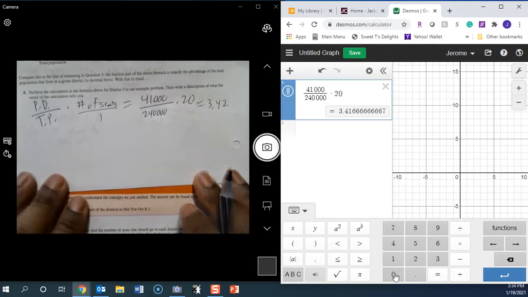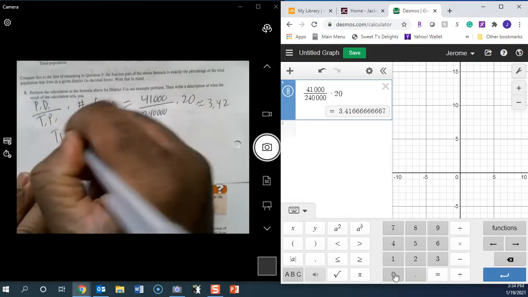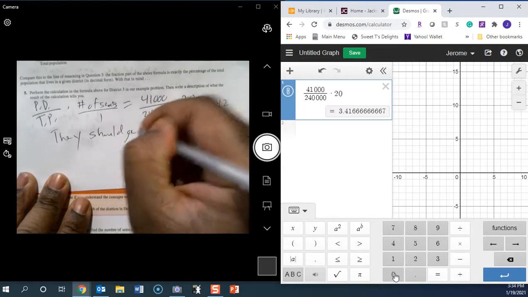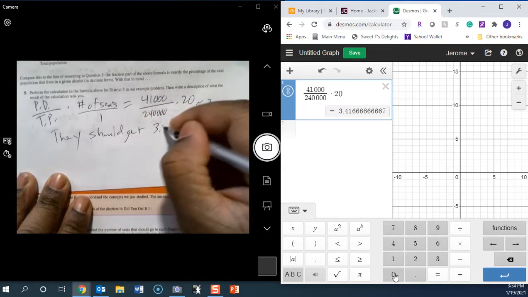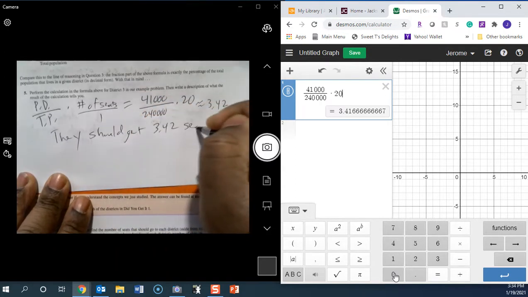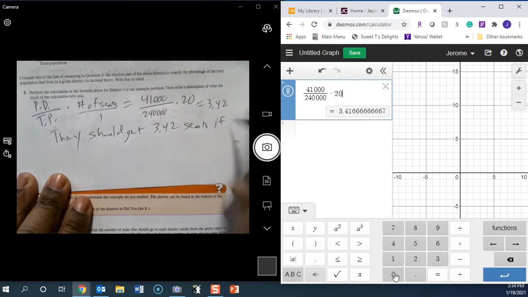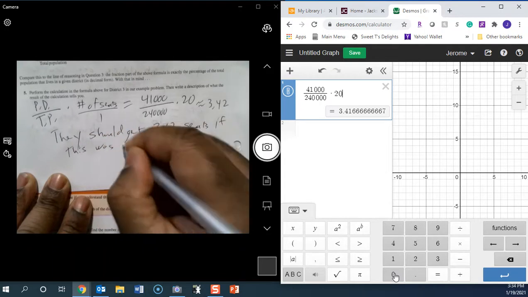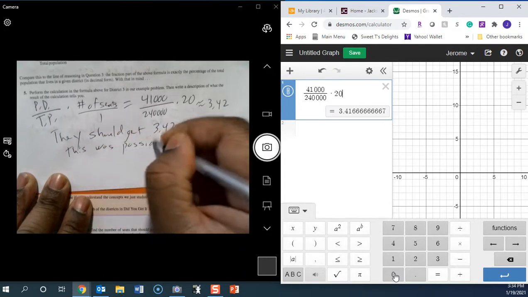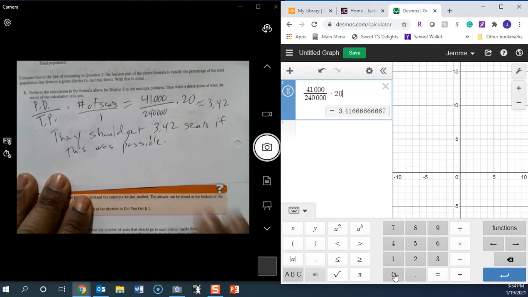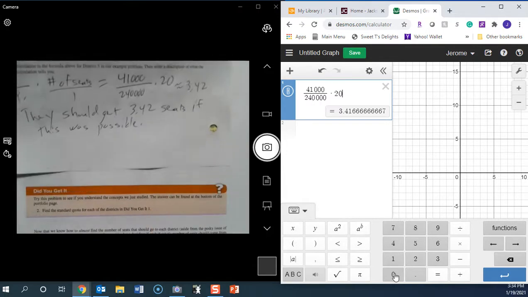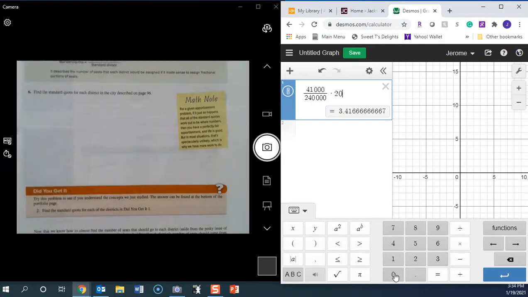So what this is saying is they should get 3.42 seats if this was possible. But we know that's not possible because you can't get 0.42 of a seat.